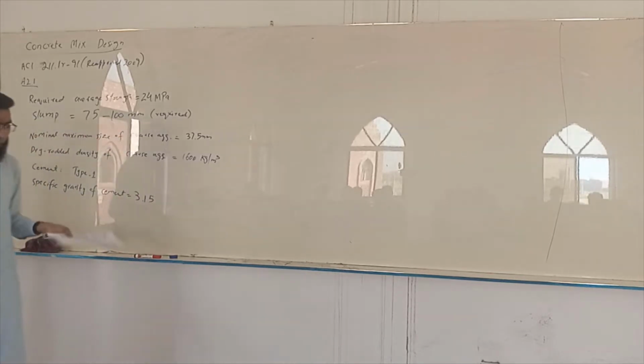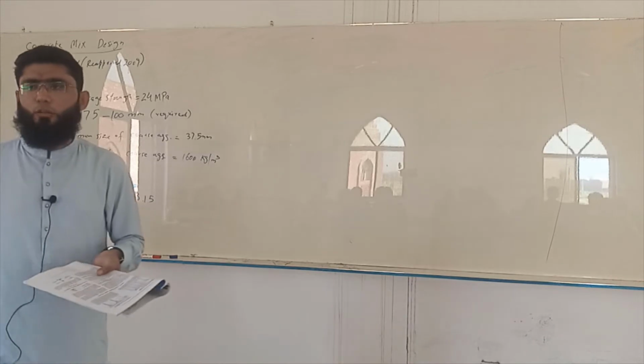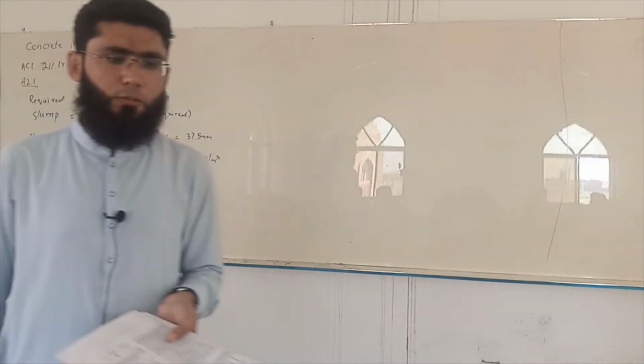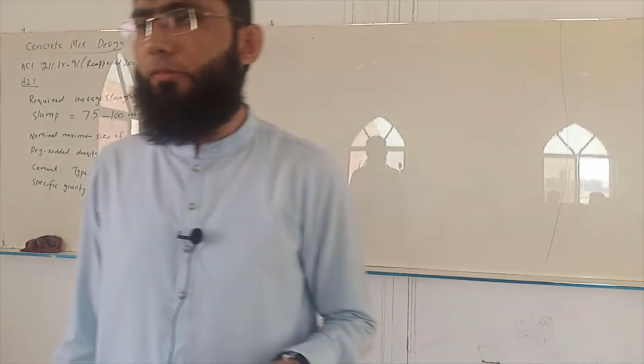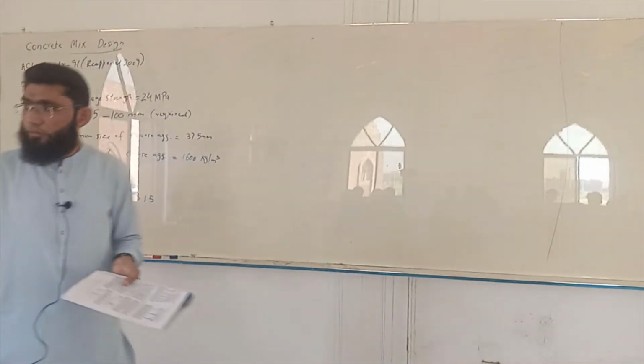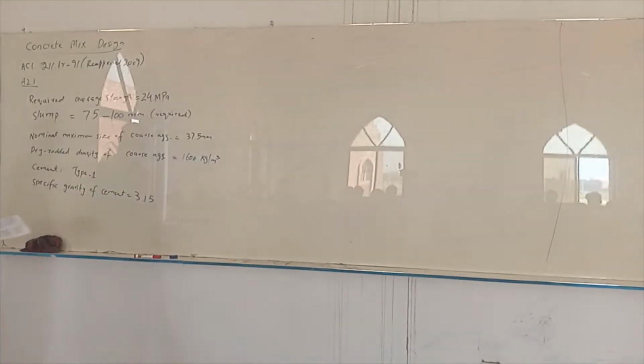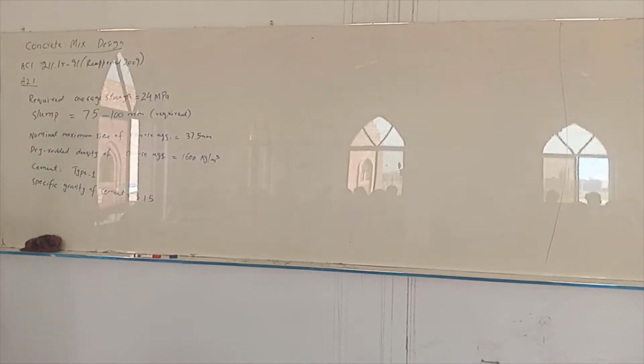If you're given this value, it's fine. If you have the equipment, you can find this value in the lab. Otherwise, you can assume it to be 3.15. Specific gravity is a ratio of two densities, the density of the material to the density of water. So it is a unitless number. Fine? Yes.